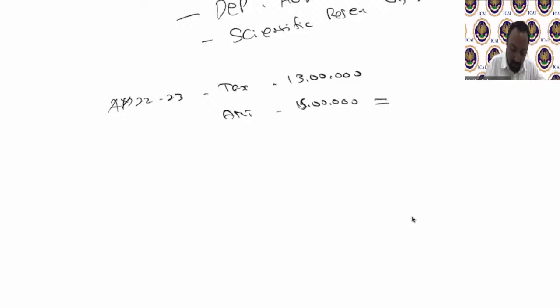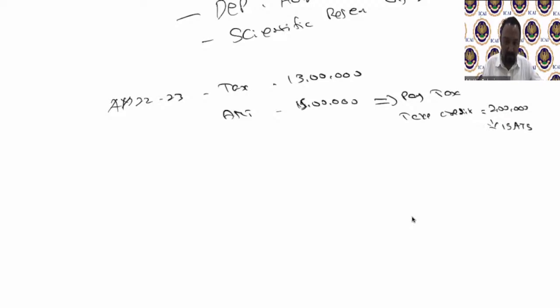So now you pay tax per AMT and take credit of 2 lakhs. This credit can be carried forward to 15 assessment years. So clear?